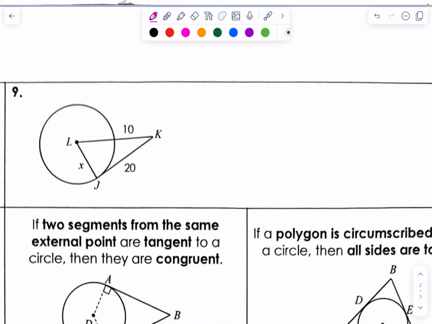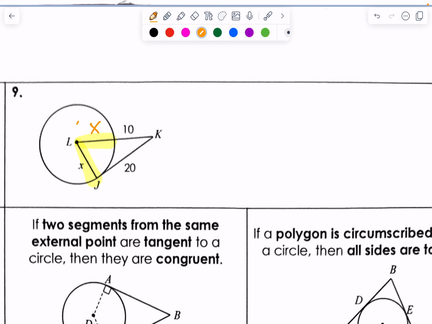Let's look at one more. Now this one is going to require something, it's going to look weird. This is x, right? Well, so is that.